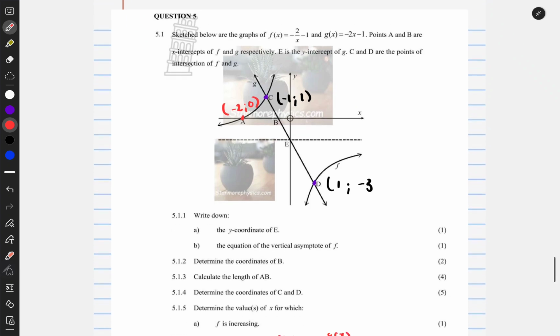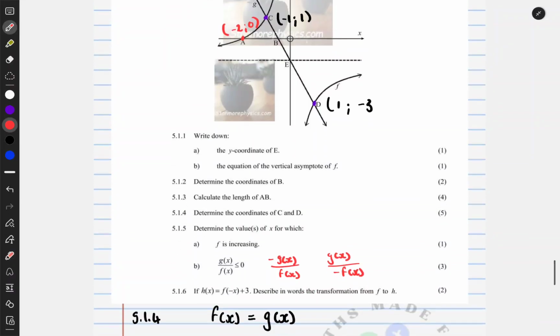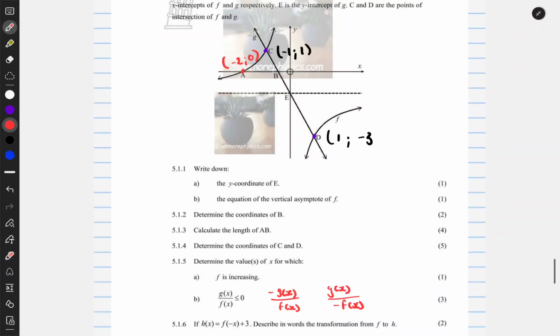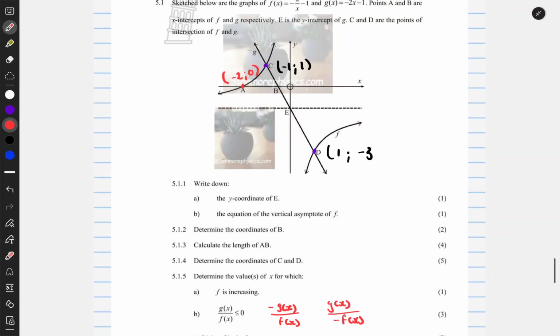Okay, so for any of the x values which are less or equal to -2, the ratio of these two functions will be negative.